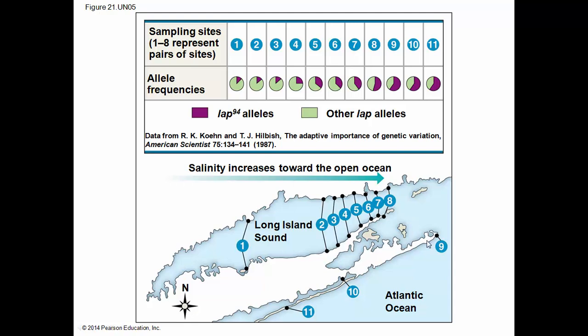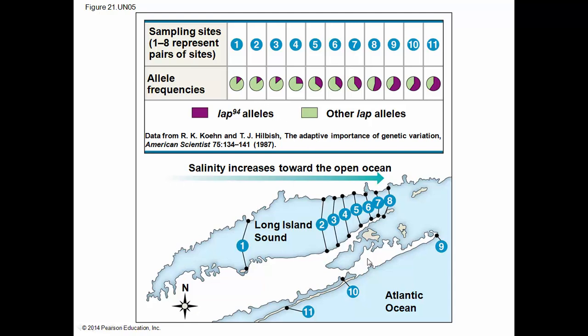Okay, here are some mussels. These are the genetics of freshwater mussels that were adapted to different salinity rates in Long Island. What this shows is that we're able to identify a particular allele, the LAP94 allele, which is used to metabolize salinity.